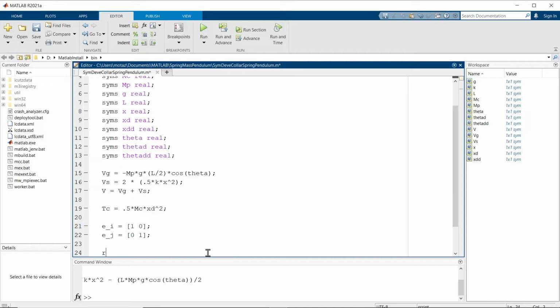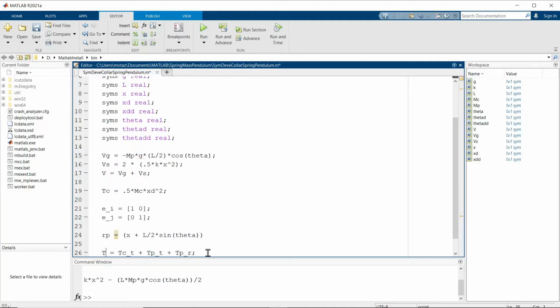So we'll call it RP. It's going to equal x plus L over 2 sine theta for the I component.